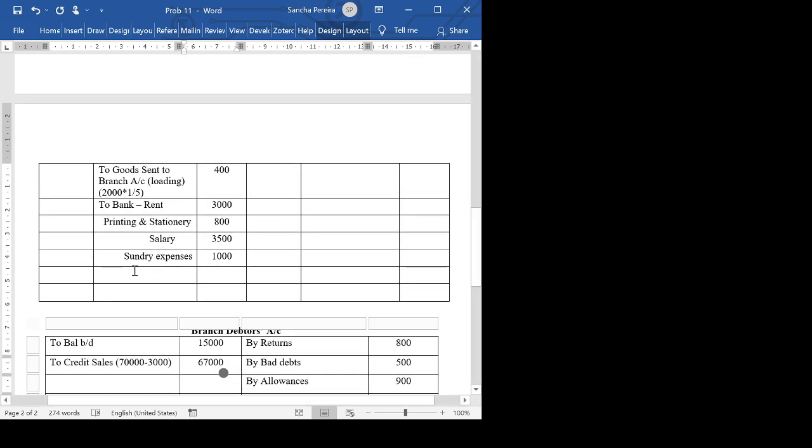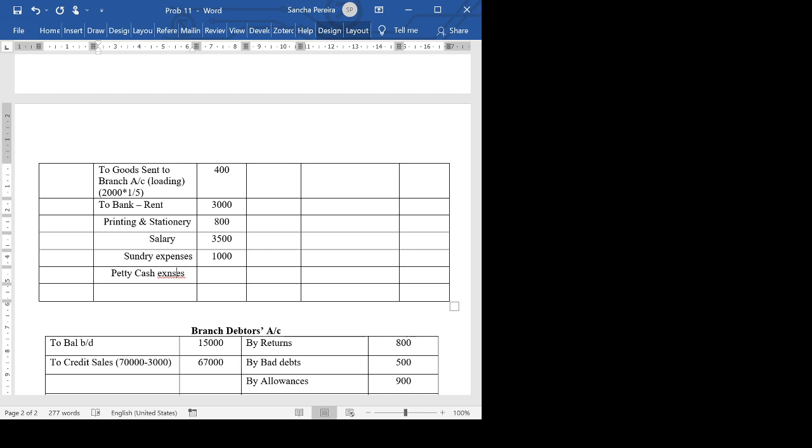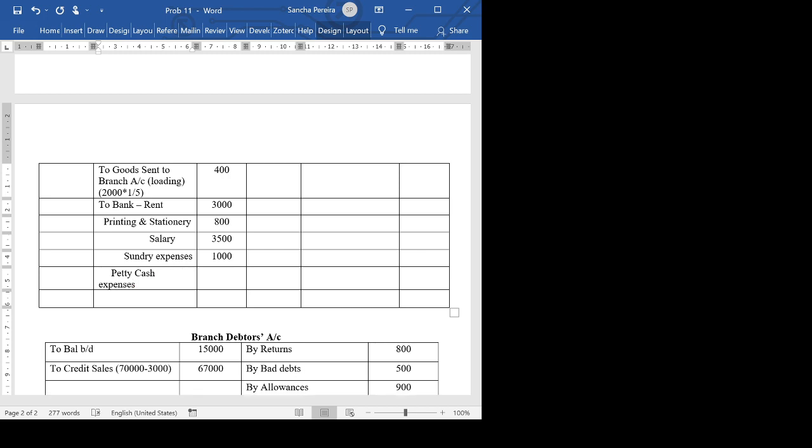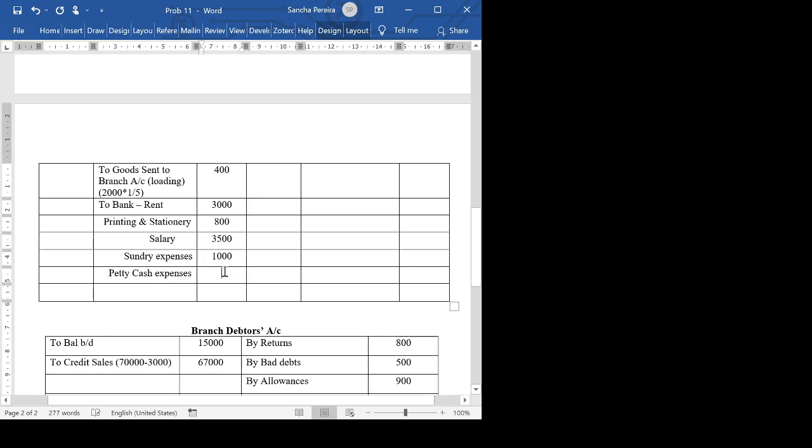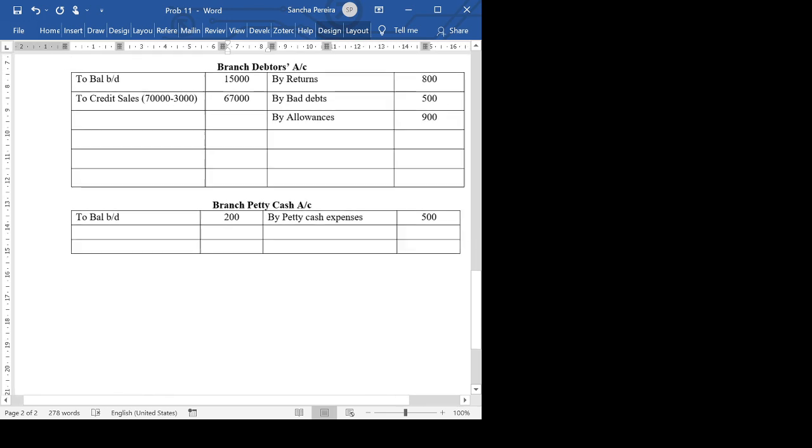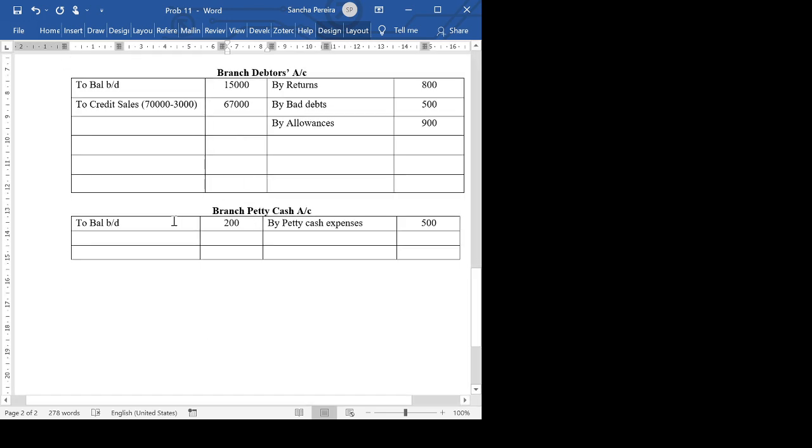Besides this, they've sent for petty cash expenses as well. Showed as to head office 600.